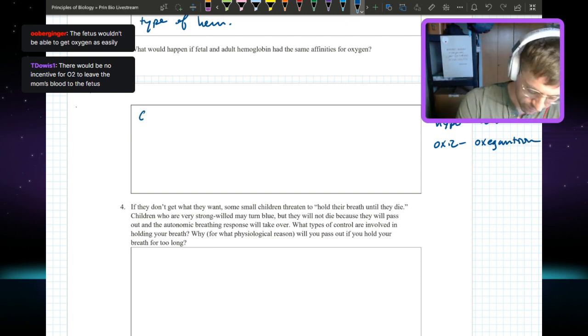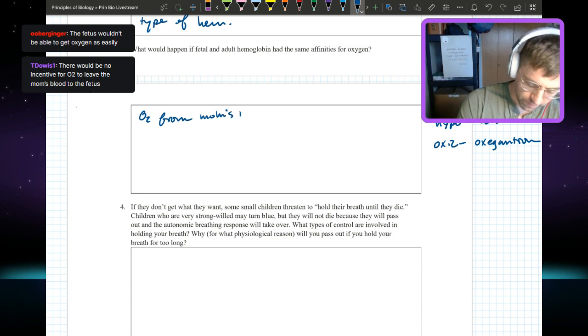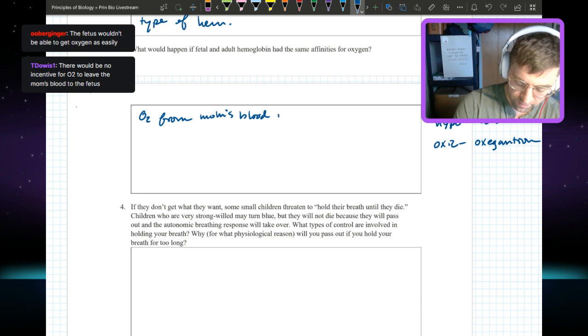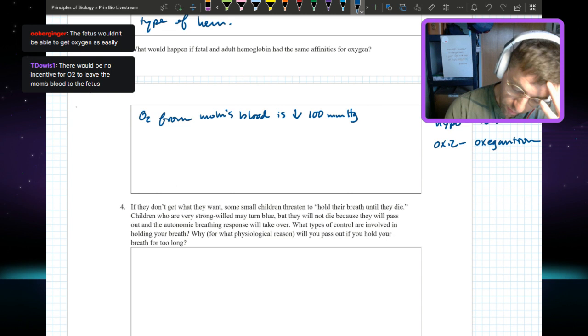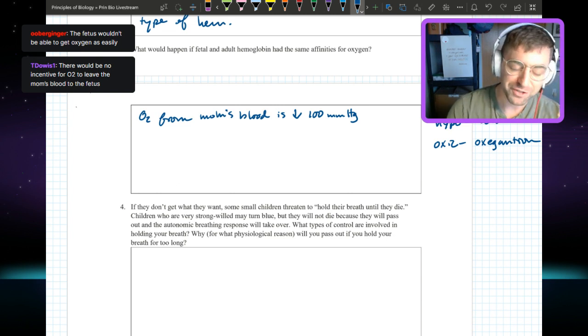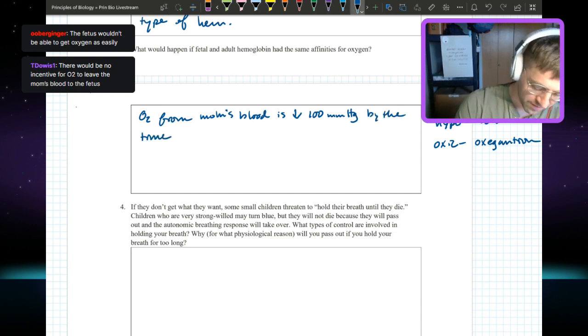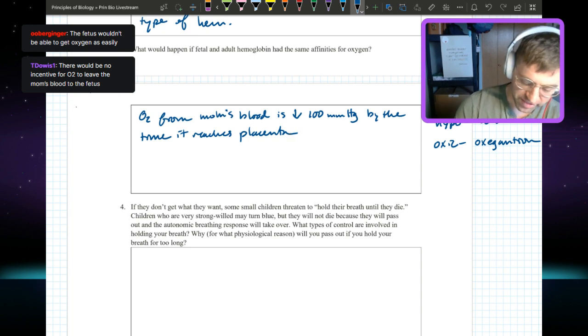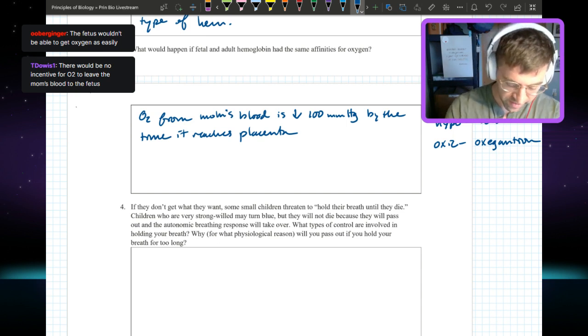So O2 levels from mom's blood is below 100, below a partial pressure of 100 millimeters of mercury, by the time it reaches the placenta, which is the organ supplying all of the vasculature and nutrients from the mother to the fetus.